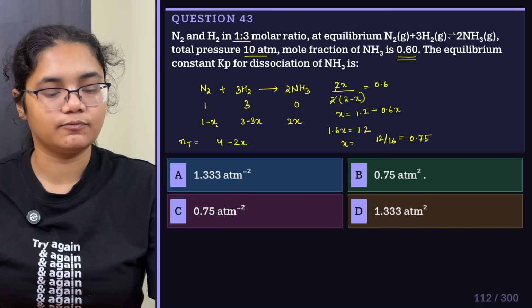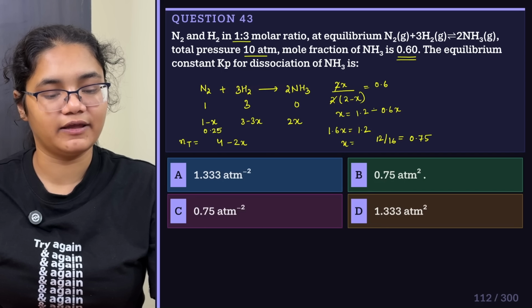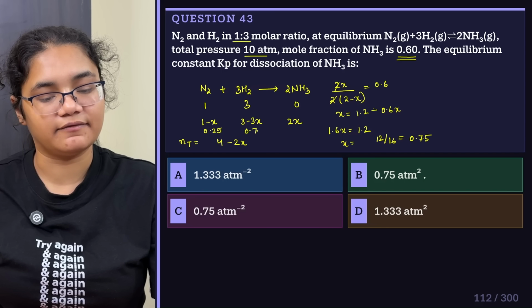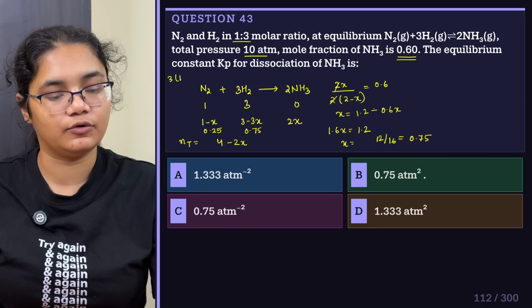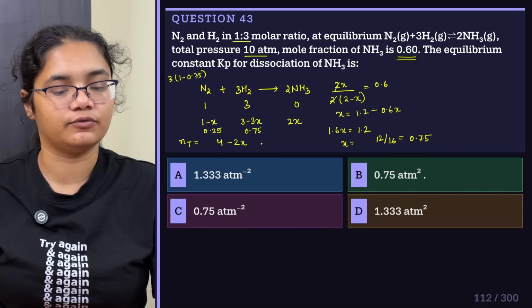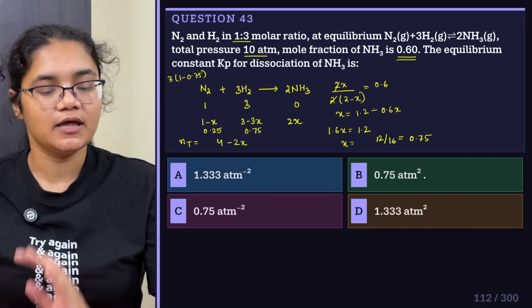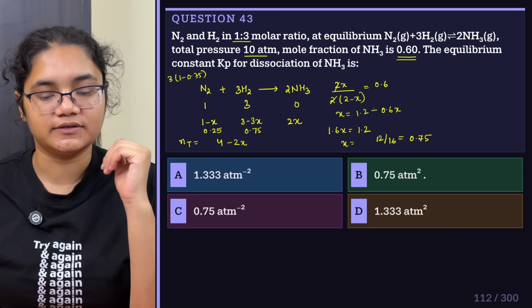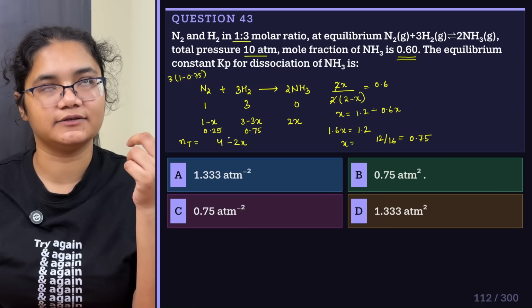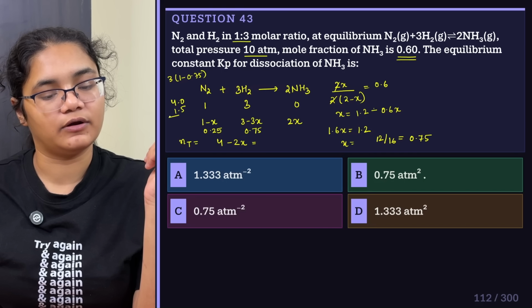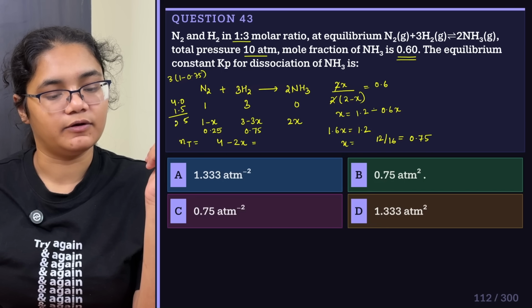So 1 minus 0.75 will be 0.25. 3 into this one will be 0.75, because I can take 3 into 1 minus 0.75, that will be 0.25, and 0.25 into 3 will be 0.75. Okay, next 4 minus 2x. So this one is 2 5s are 10, 1.5. So 4 minus 1.5 will be 2.5.